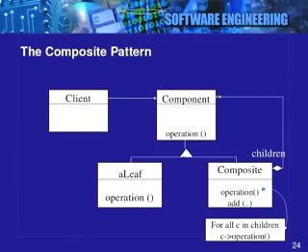Now through this part-whole relation, the composites can contain the leaves as well as the composites. This is how you are able to represent this tree structure through a design in terms of classes and relations. So two relations are important, inheritance and part-whole.